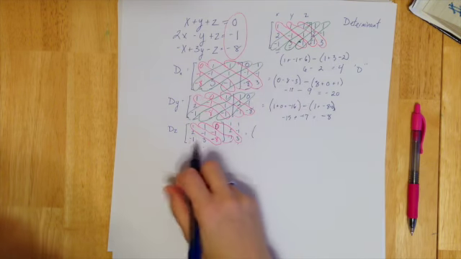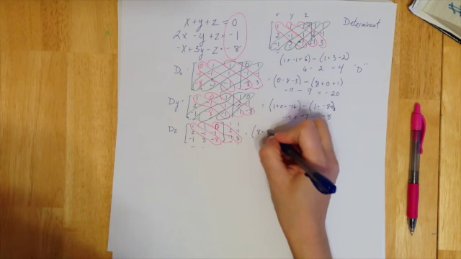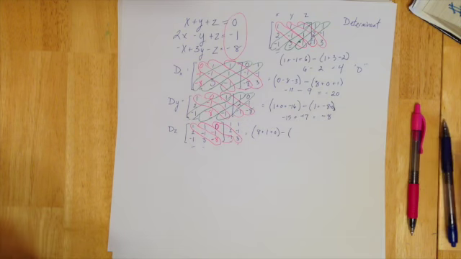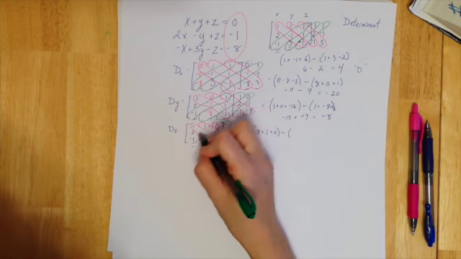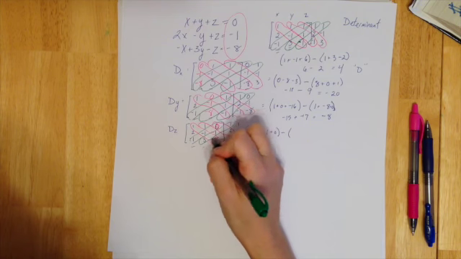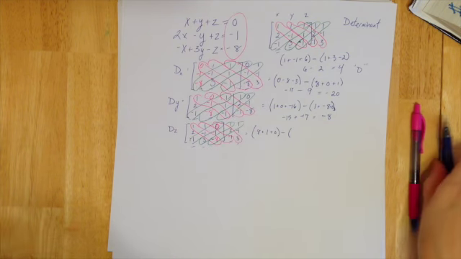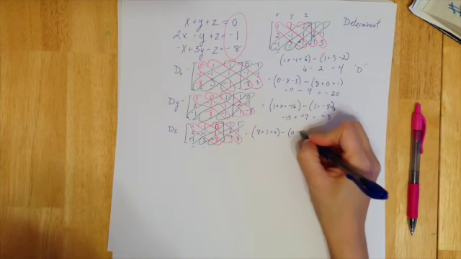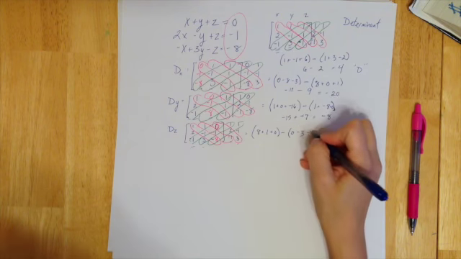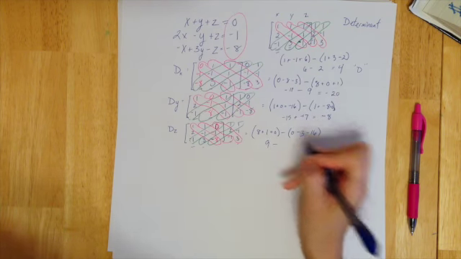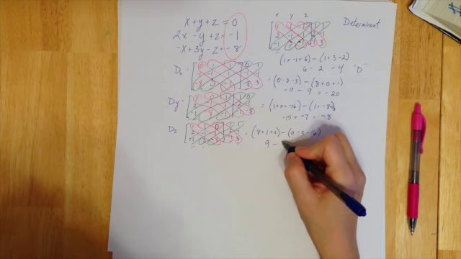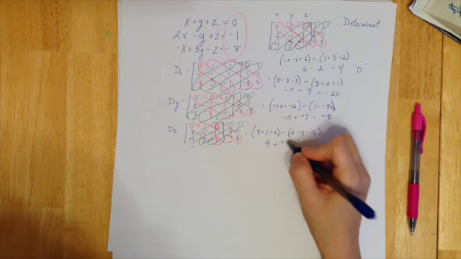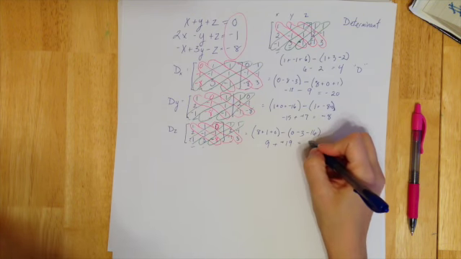Multiplying, we get 8 plus 1 plus 0 minus, take our BCs, all 3 diagonals, we get 0, a minus 3, and negative 16. So 9 minus negative 19, double negative, gives us 28.